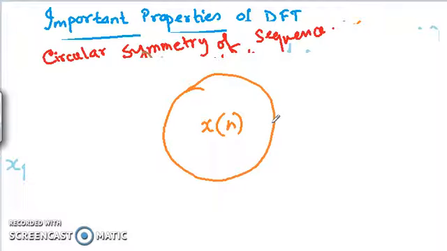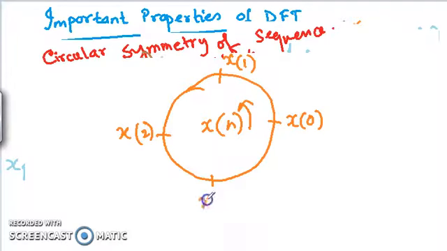First I put x0, then in an anti-clockwise manner I put x1, then x2, then x3. Our sequence was 1, 2, 3, 4, so this is 1, this will be 2, this will be 3, and this will be 4.